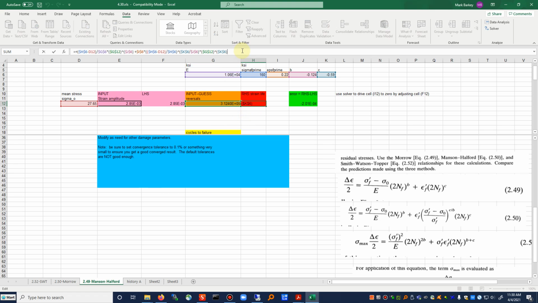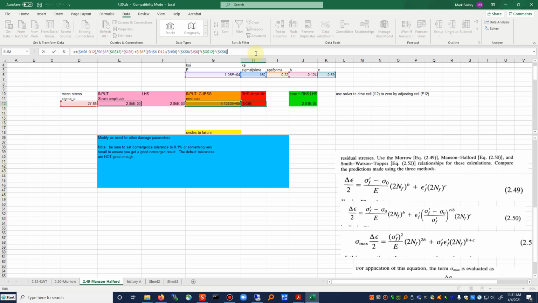And then the right-hand side of the strain life equation, this big long thing here, it should be sigma f prime 160 minus sigma naught over E times 2NF, yeah, that's this one right here, 2NF to the B power, should be the purple one, plus epsilon f prime times 2NF to the C.